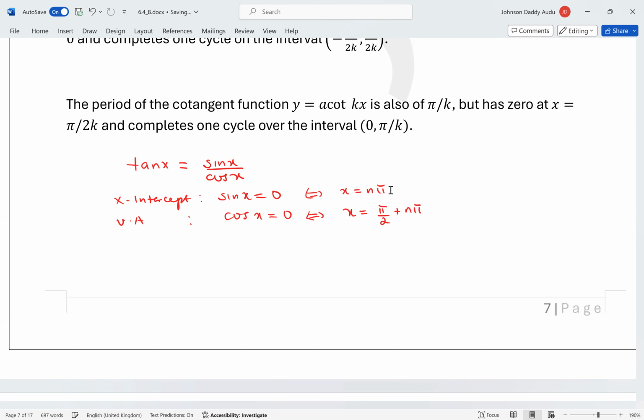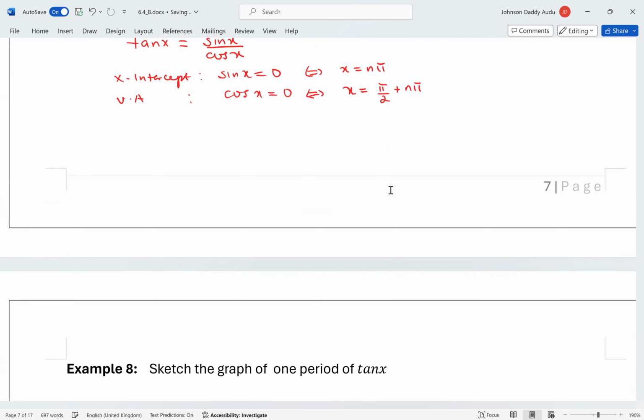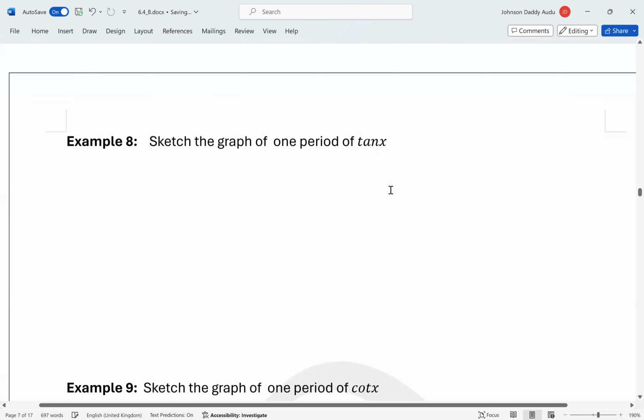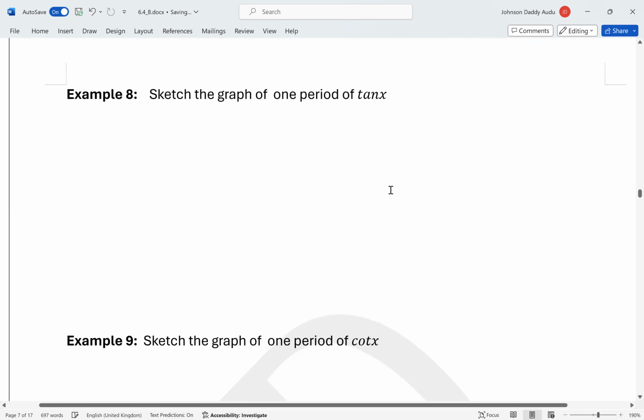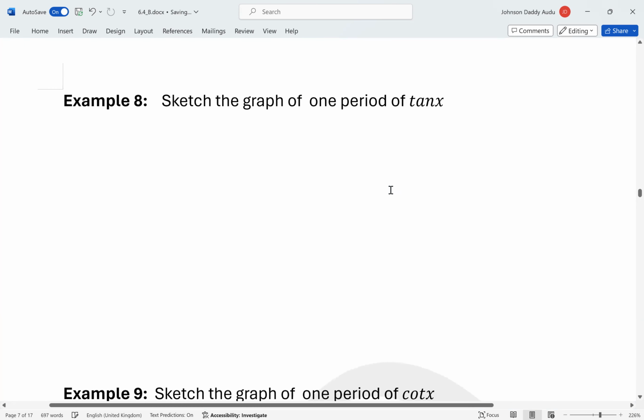So let's just begin with this example now. Sketch the graph of one period of tan x. For one period of tan x, what is our a here? Our a here is simply 1, right? And the period is just going to be pi over k, which is just pi, because k here is 1.